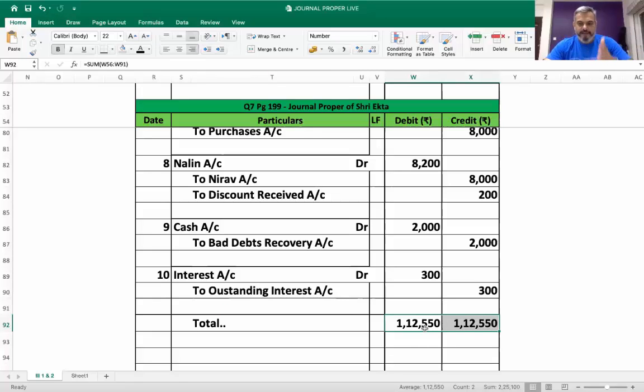It is just for checking whether the two effects, debit side and credit side, have been given properly. So this must always tally. The amount carries no significance except that it is used to ensure arithmetic accuracy.